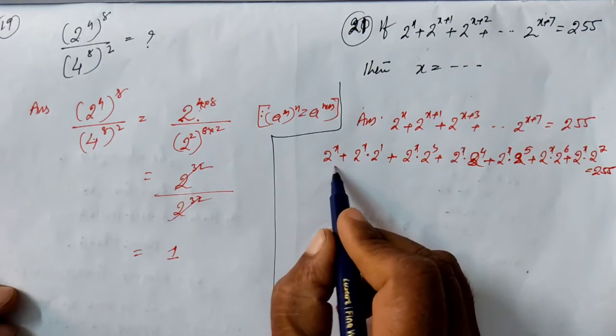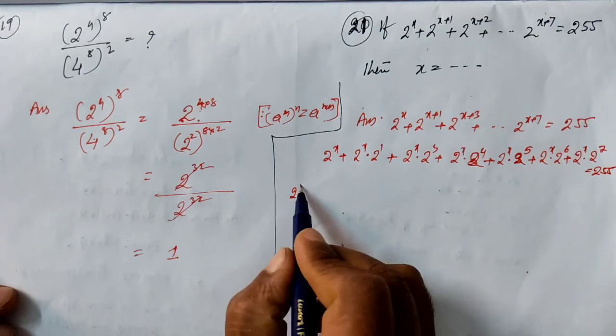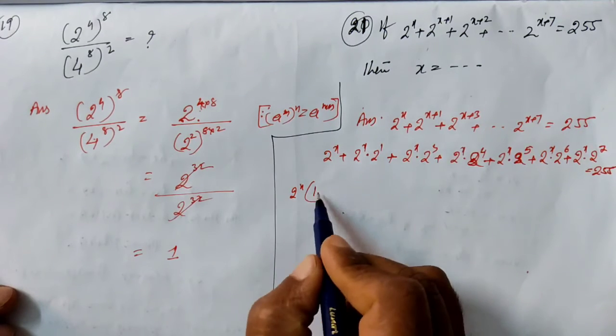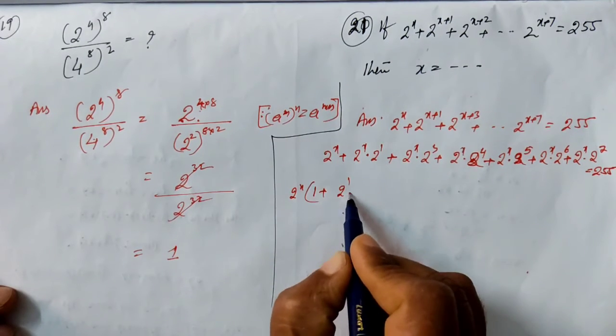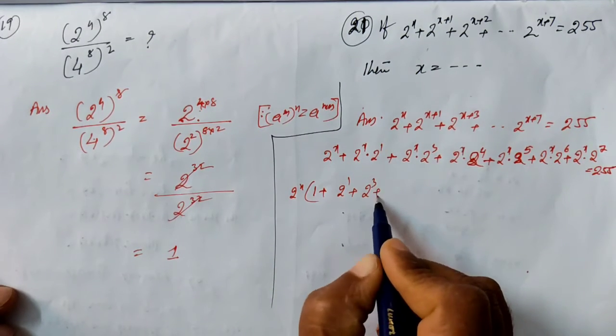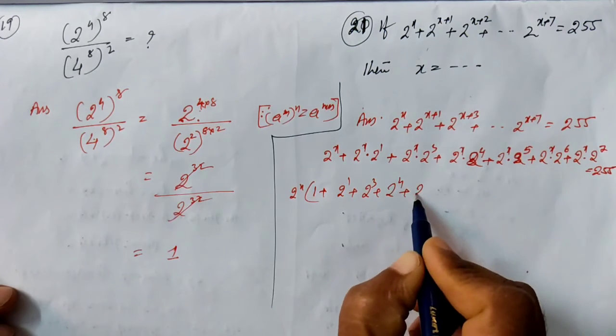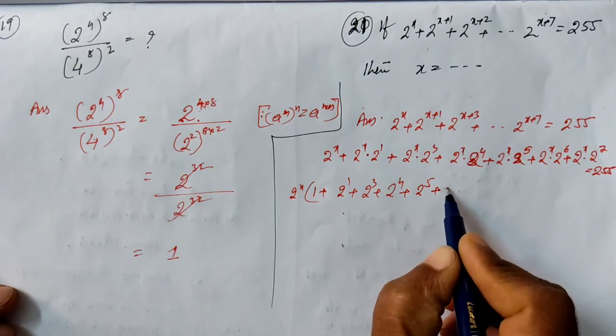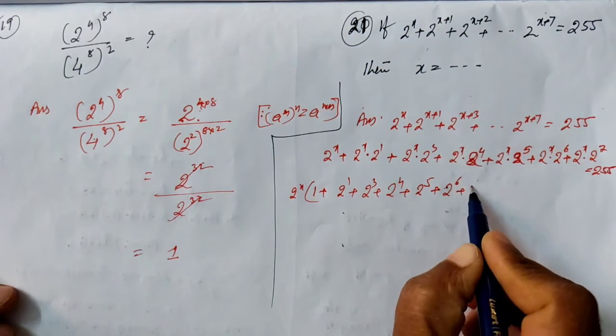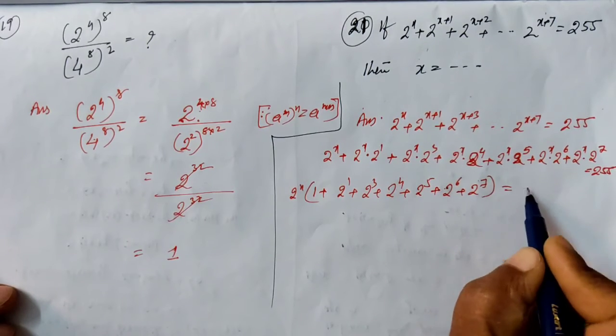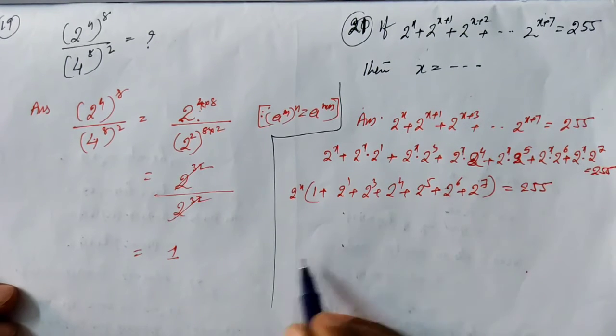Now take common 2 to the power of x, okay, 1 plus 2 to the power of 1 plus 2 to the power of 3, 2 to the power of 4, 2 to the power of 5, 2 to the power of 6, 2 to the power of 7 is equal to 255.